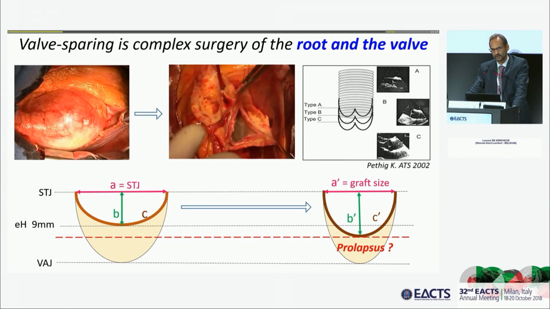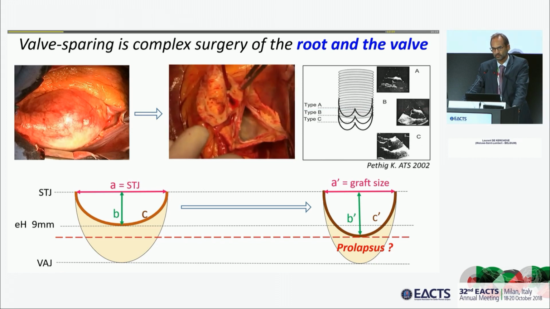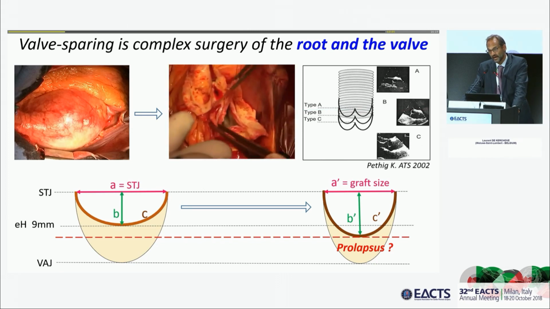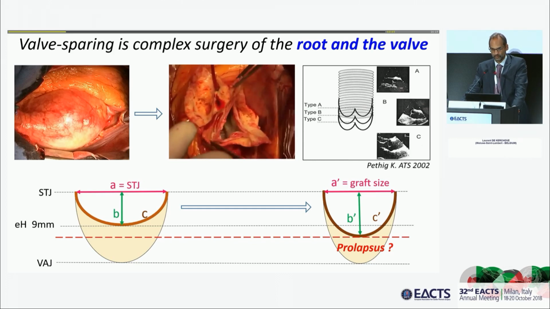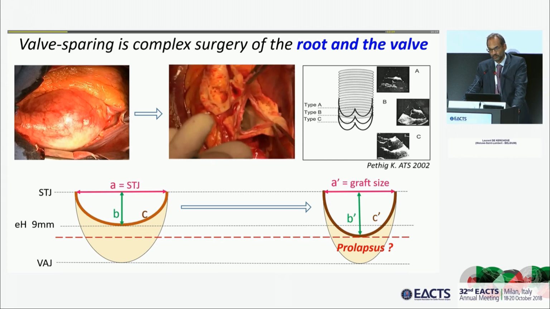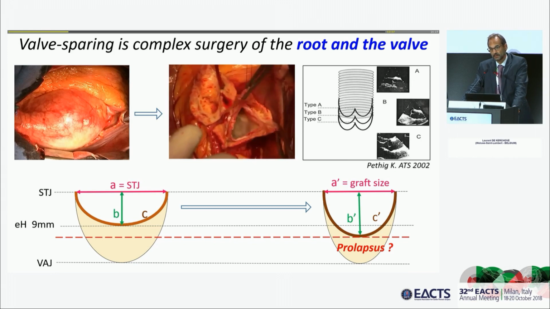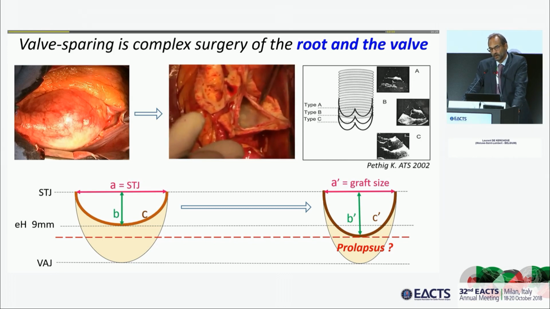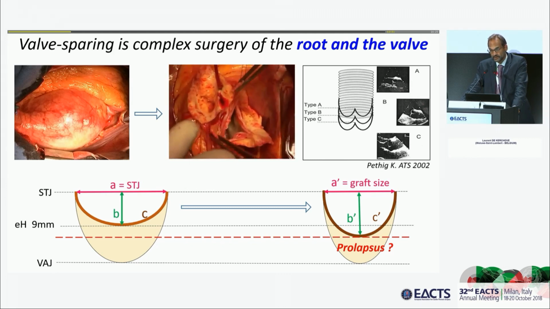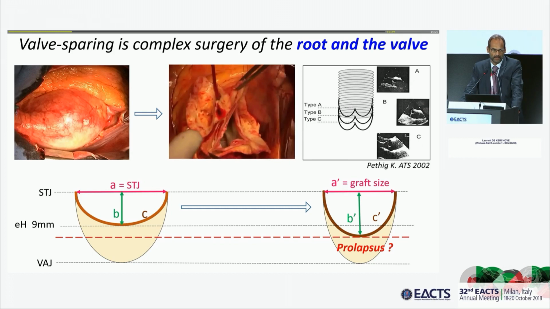Don't forget, you reduce the diameter of the aortic root, the annulus. You may, not all the time, create cusp prolapse. And if you end up with a cusp prolapse without touching it, you end up with a very unfavorable configuration, and the risk of recurrent AI is very high.